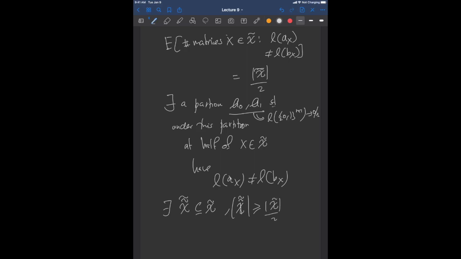So just to summarize, we had a bunch of matrices, and by removing half of them, there is some partition of the vectors into A0 and A1, so that we may lose half the matrices, but at least half remain where Alice's inputs come from one partition and Bob's inputs come from the other partition.